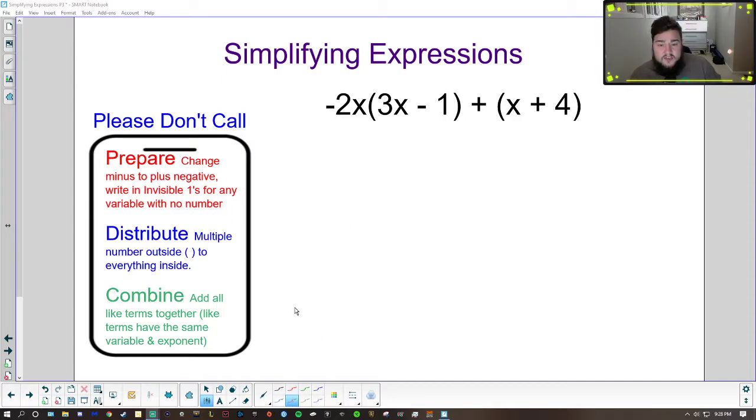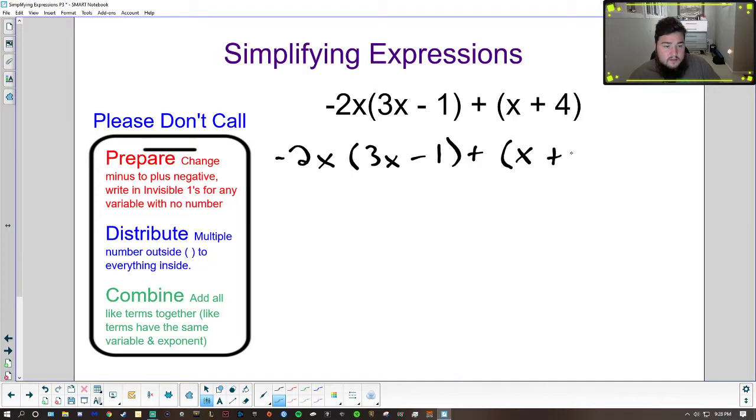So the very first thing I'm going to do is write out my problem nice and big so that I can read my writing and I can add in any invisible ones and change any minuses to plus a negative. Once you have it written out, our very first step is going to be to prepare the expressions.